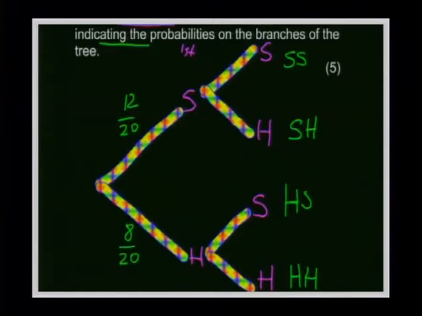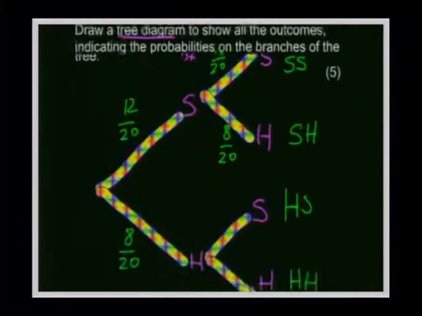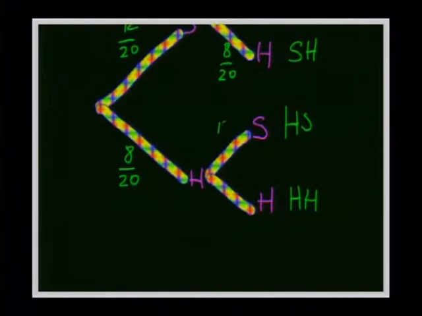So I've got my first outcome, but I still have further outcomes occurring. So I need to do this for every one. This was a soft outcome, so that's 12 out of 20. A hard was 8 out of 20. Soft was 12 out of 20. And hard was 8 out of 20.